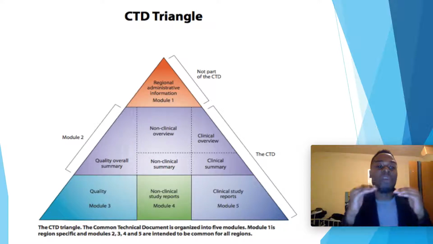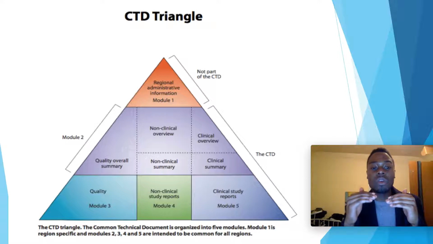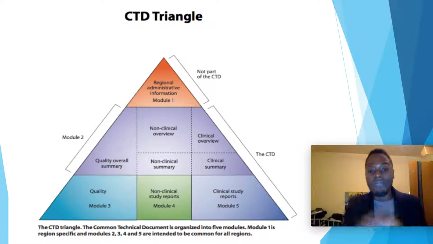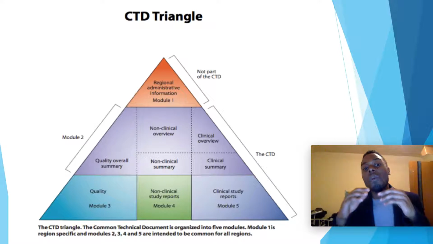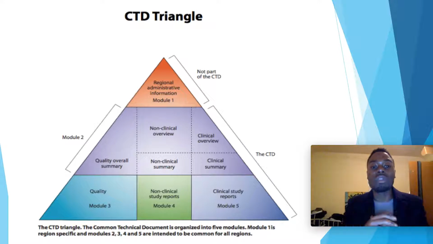Okay, you have module 3, which covers the quality of the actual product, module 4, which is non-clinical study reports, and module 5, which is clinical study reports.